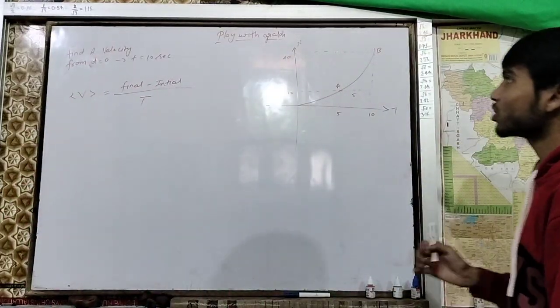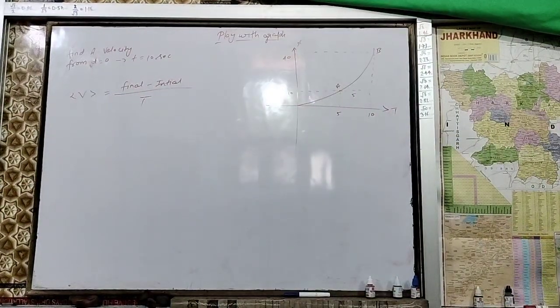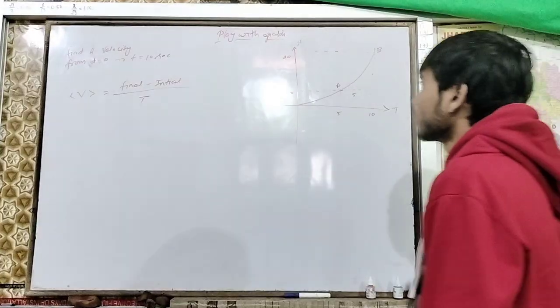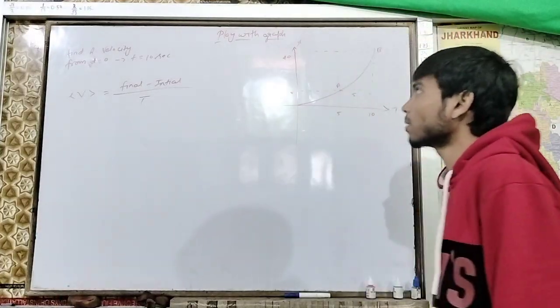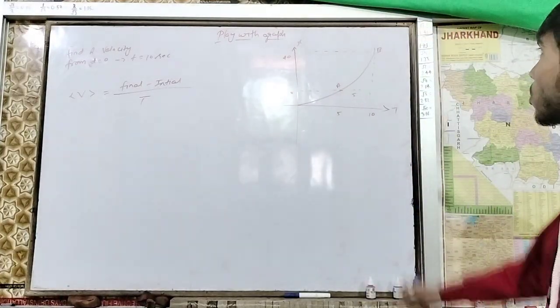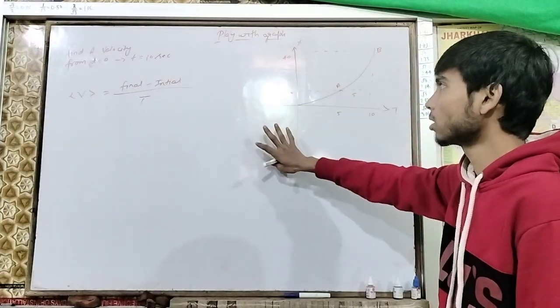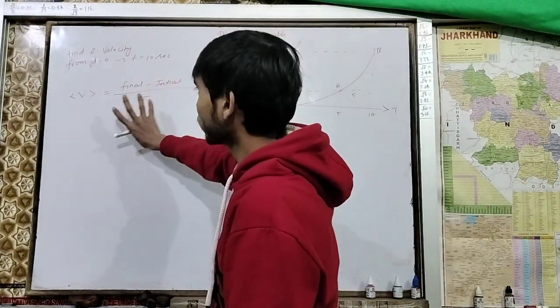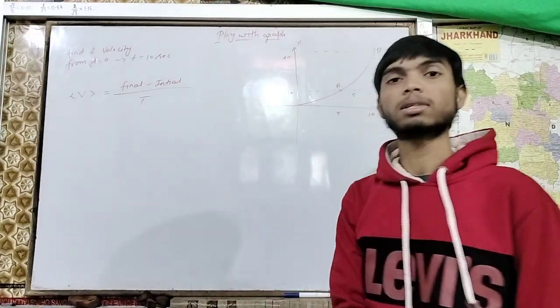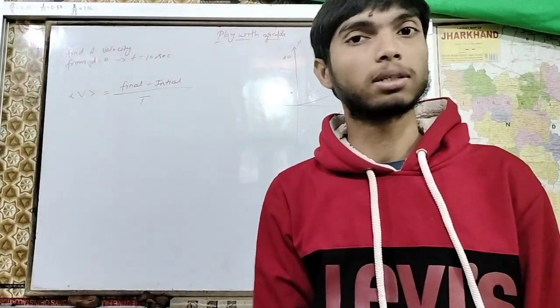The time is from 0 to 10 seconds, so our time will be 10. My final minus initial: the final point is this b, which is 40, and initial is. You will use this type of formula when the question says find the average velocity.